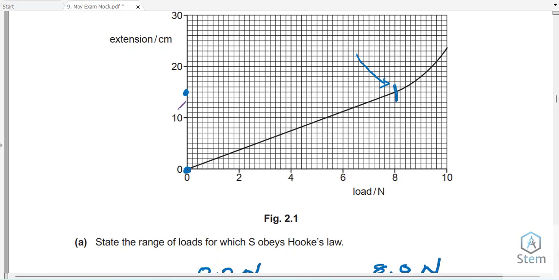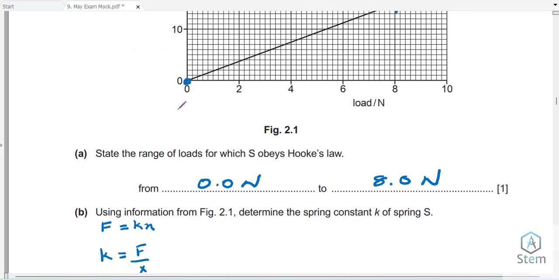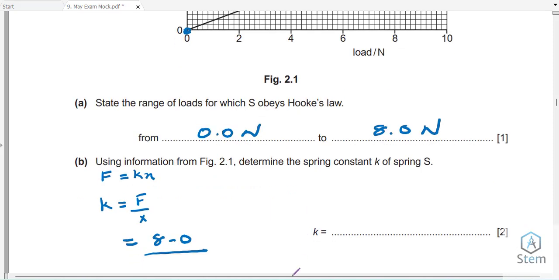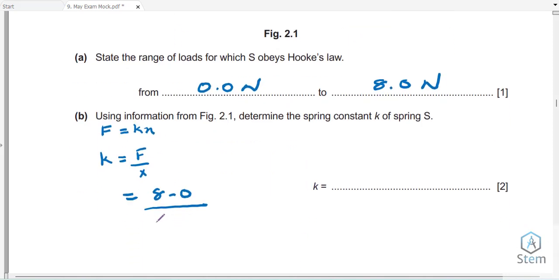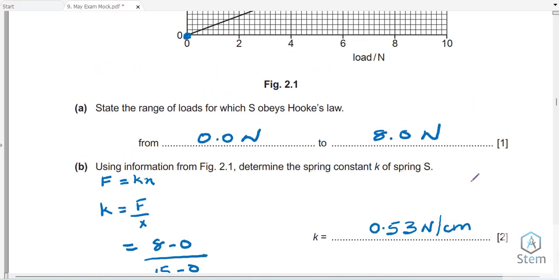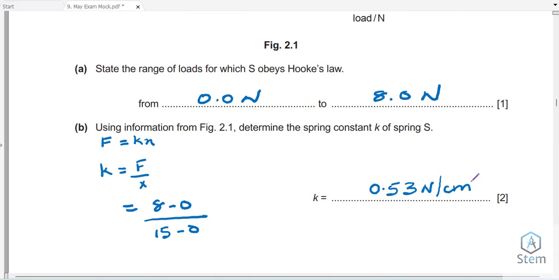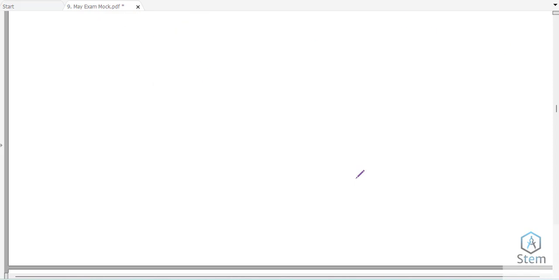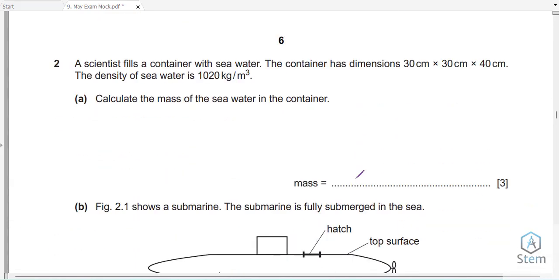So that's from 0 to 15. 15 minus 0. Okay. We get 0.53 newtons per centimeter. That's the expected solution right there.